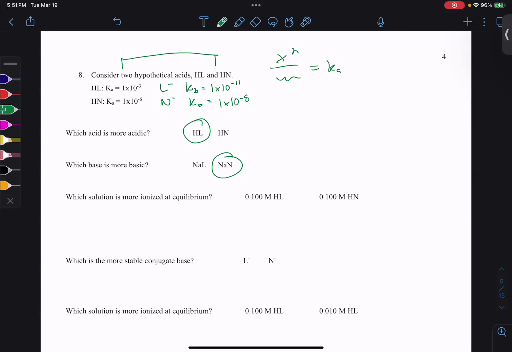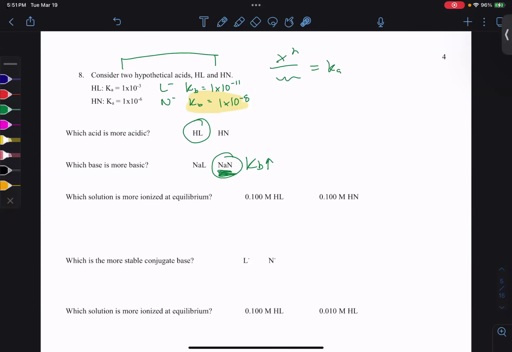So really what we're doing in determining that NaN is the stronger base is because its Kb is larger. Look at it. When you already have a weaker acid, its Kb is going to be larger. Basically, the smaller Ka is for an acid, the larger the Kb is for its conjugate base. So that's why we see, oh yeah, NaN, the conjugate base, is the more basic substance.